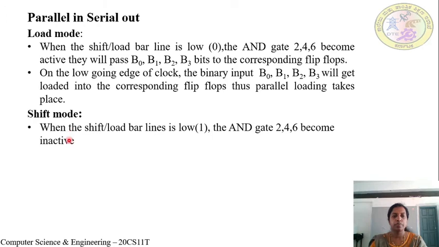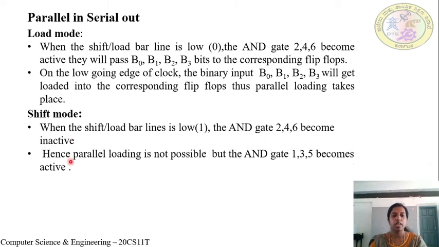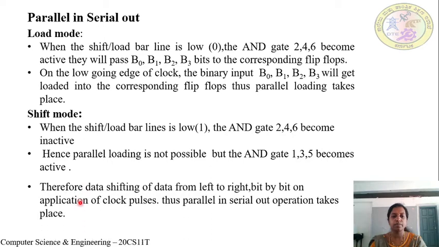Shift mode. When the shift or load bar line is high, that is 1, the AND gates 2, 4, 6 become inactive. Hence parallel loading is not possible, but the AND gates 1, 3, 5 become active.